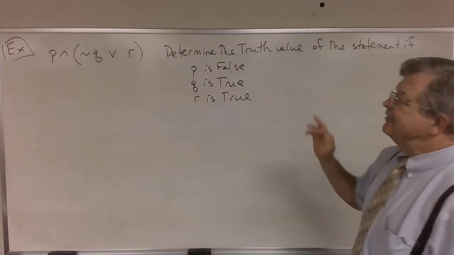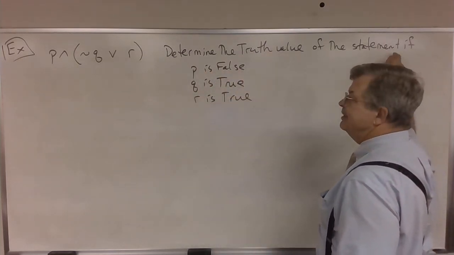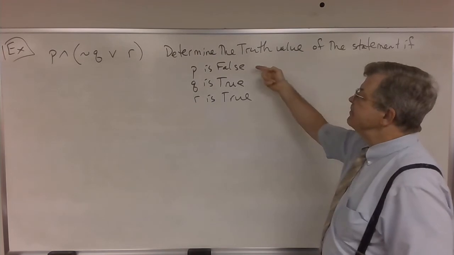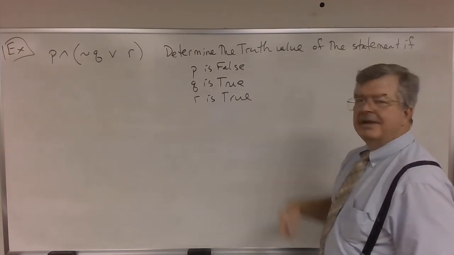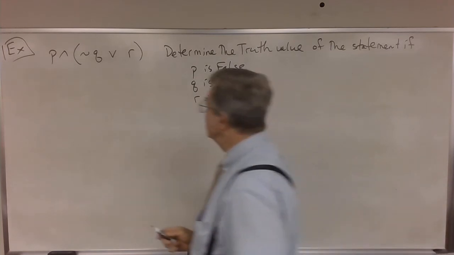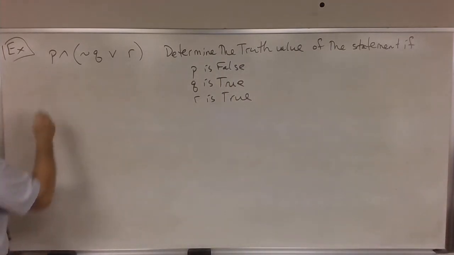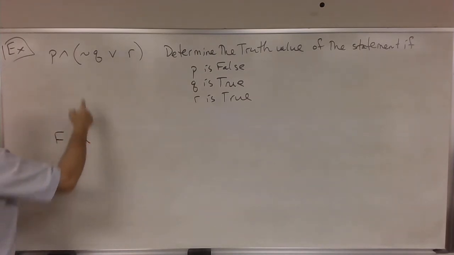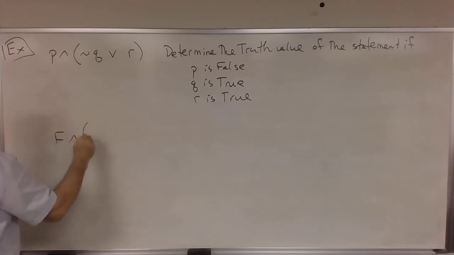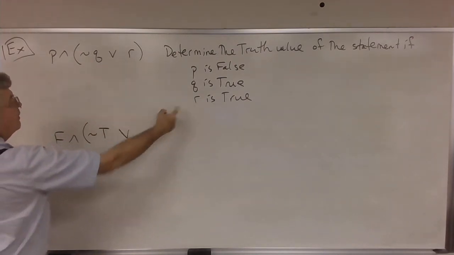For this statement, we're told, determine the truth value of the entire statement if P is false, Q is true, and R is true. Well, I'll tell you how I'm going to do this. P is false, okay. Q is true, so I have a not true, and R is true.